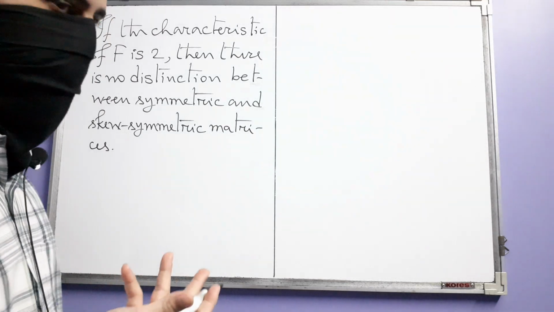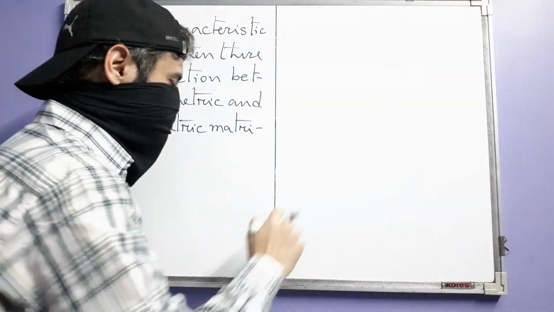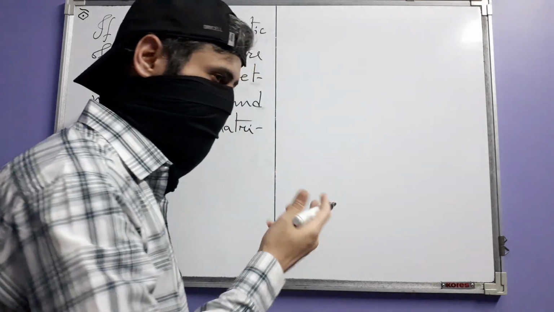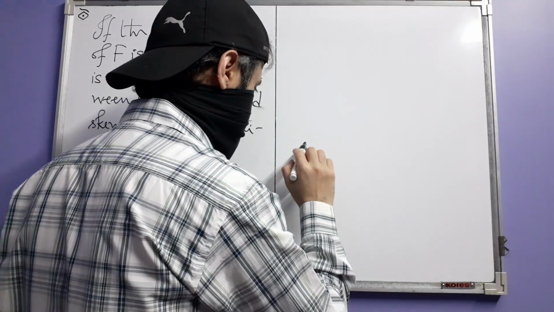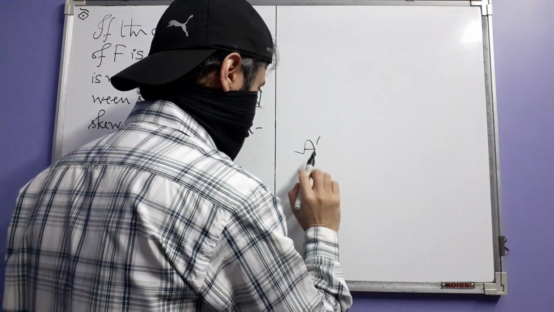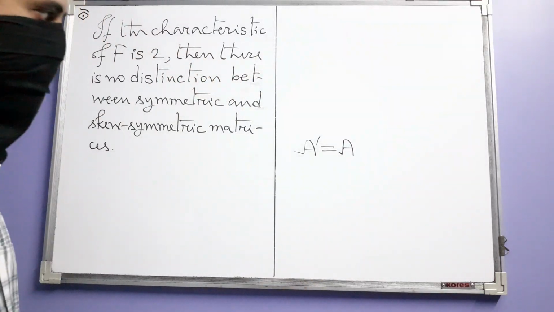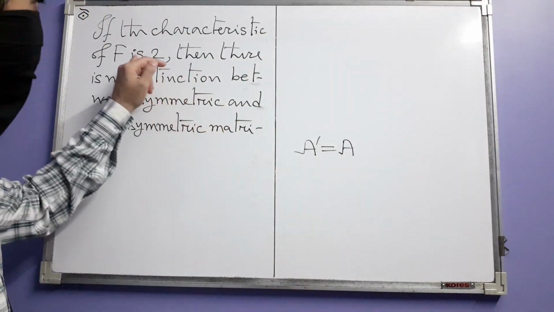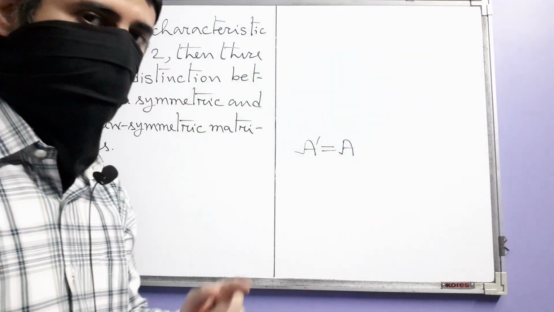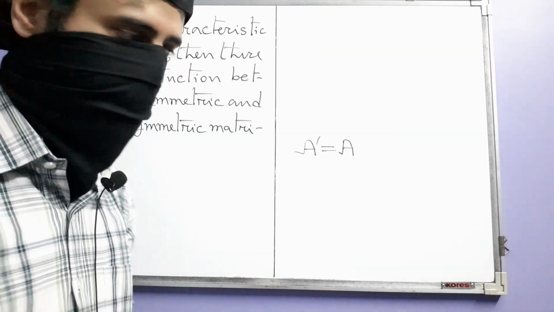And what is the reason for that? Well, the reason is simple. Say a matrix is symmetric. This means that its transpose is equal to itself. However, we know that in a field of characteristic 2, 1 is equal to -1.